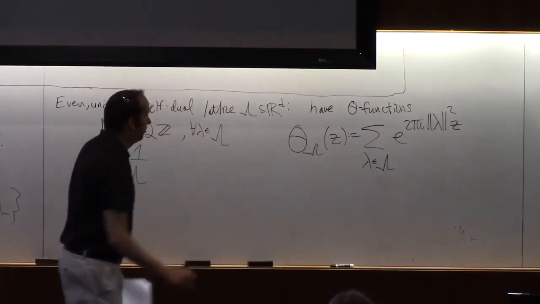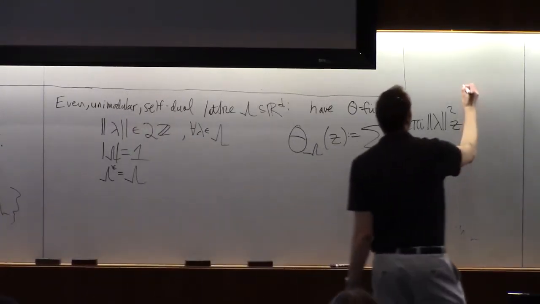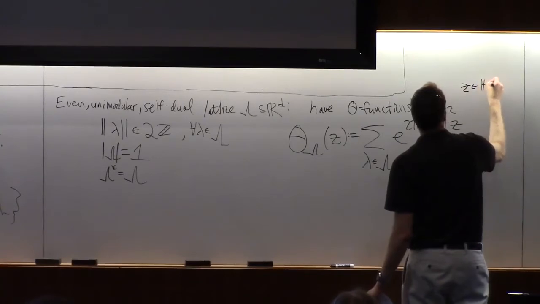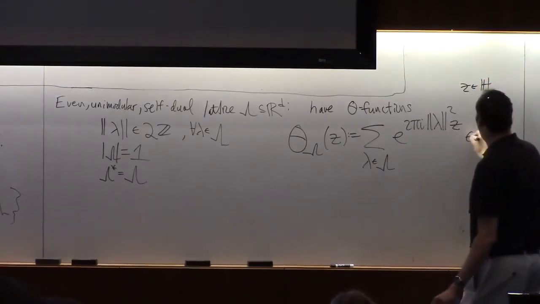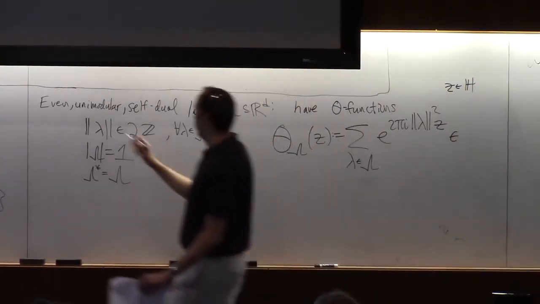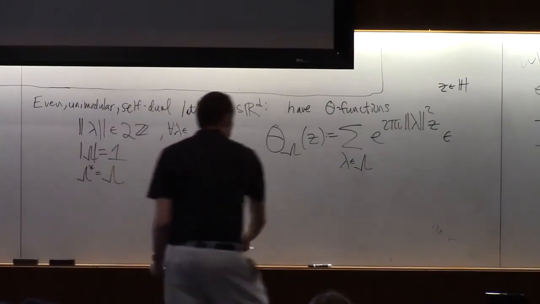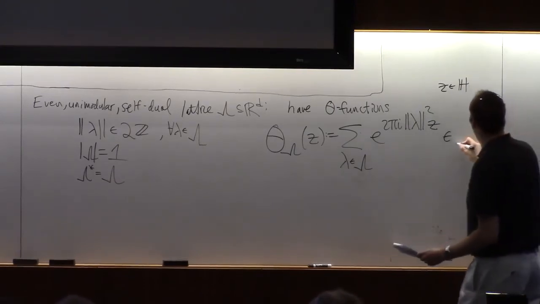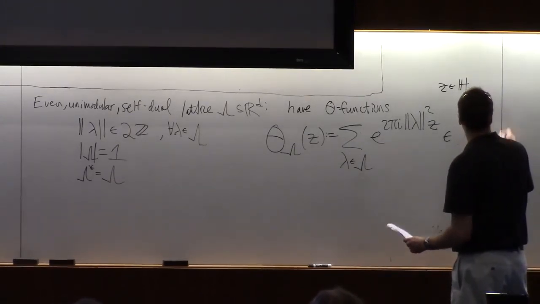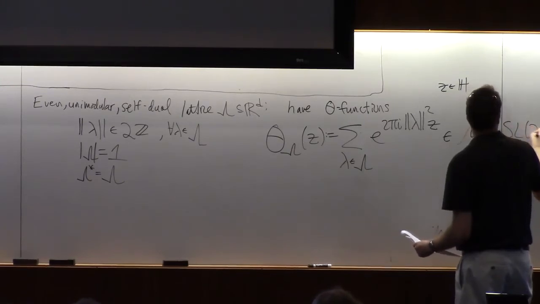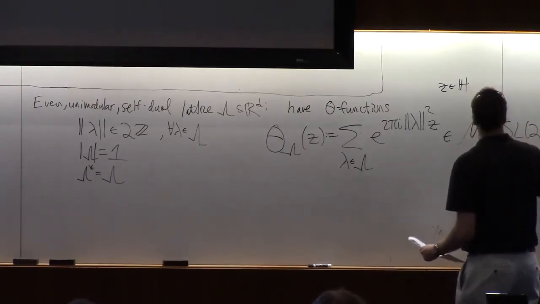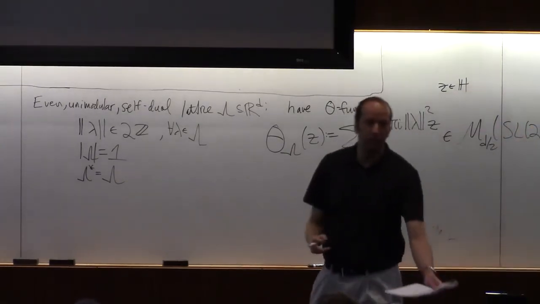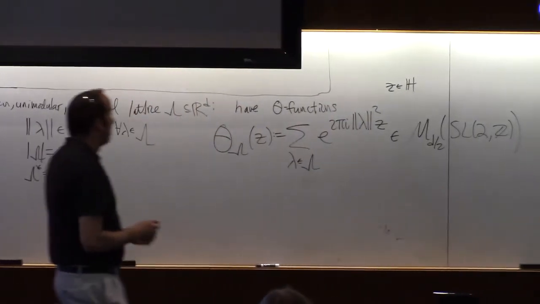Now, the z here is in the complex upper half plane. And so this object, under the assumptions that it's even unimodular and self-dual, is actually a modular form. It's a modular form of weight d over 2 for SL2(Z). So this is the key connection already between lattices and modular forms.